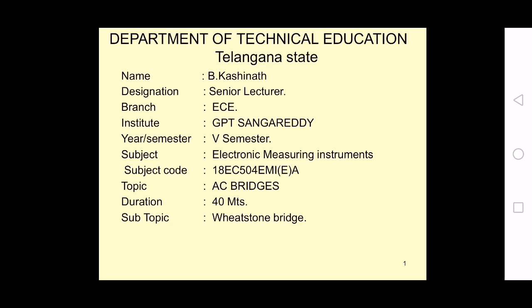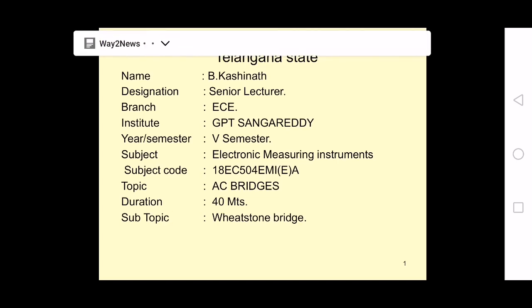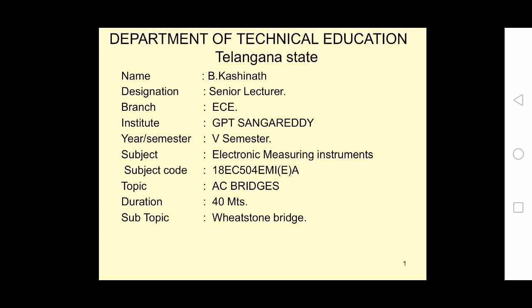A bridge circuit in its simple form consists of a network of four resistance arms forming a closed circuit. Totally we have four resistance arms, and so we have four junctions.